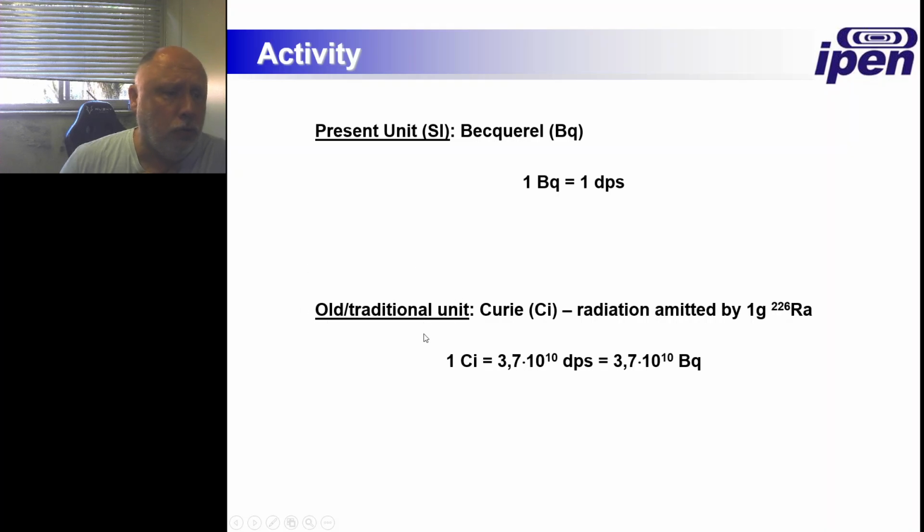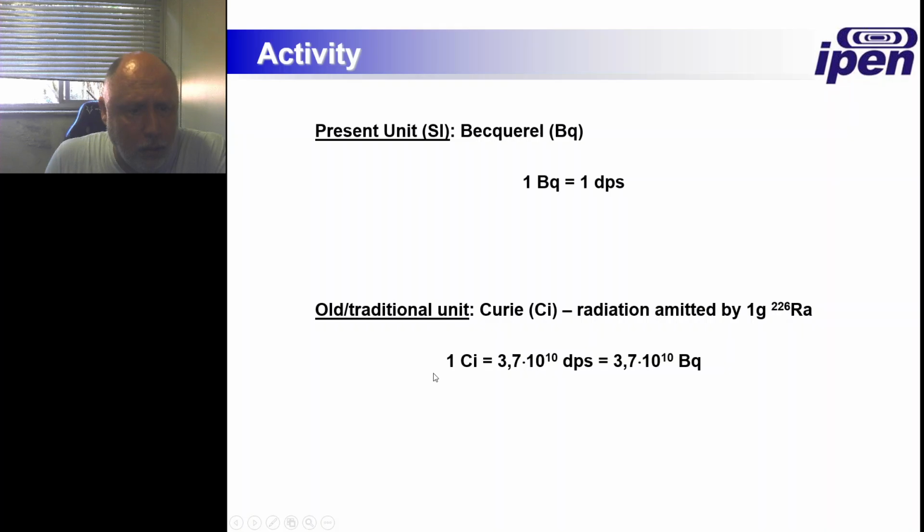There's an old traditional unit that's still used quite a lot around, especially when we talk nuclear medicine, sometimes also when we talk of applications in industry, which is the curie. You may have heard of it. It's the radiation emitted by 1 gram of radium-226.